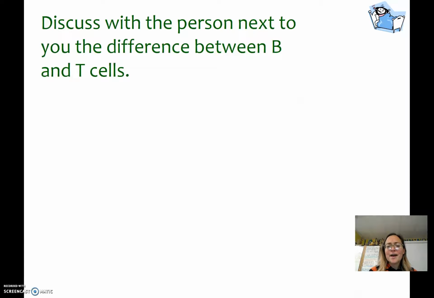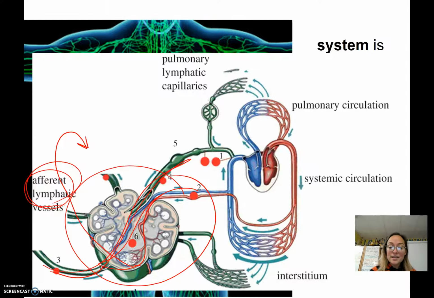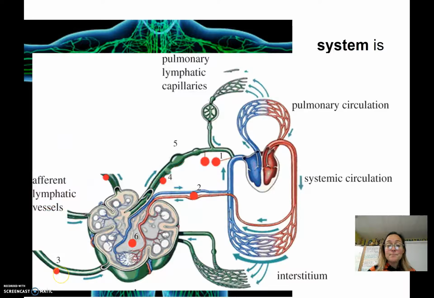So if I just go back real quick, you can see here, if you have macrophages and lymphocytes and immune system cells living in this lymph node, that's pretty awesome for when the blood or lymph carrying pathogens circulate through here.